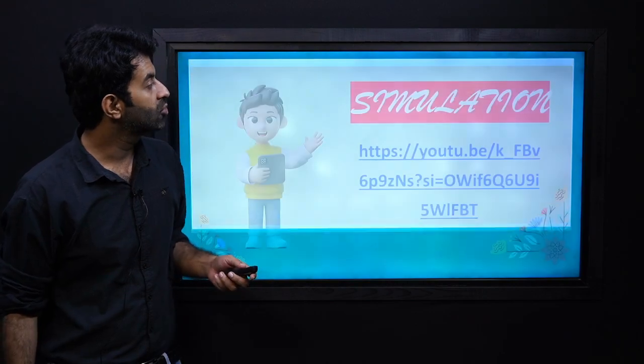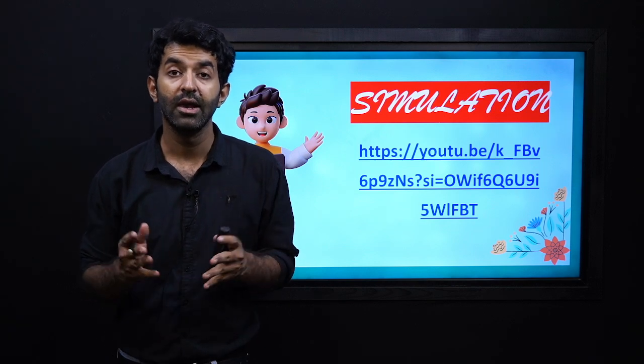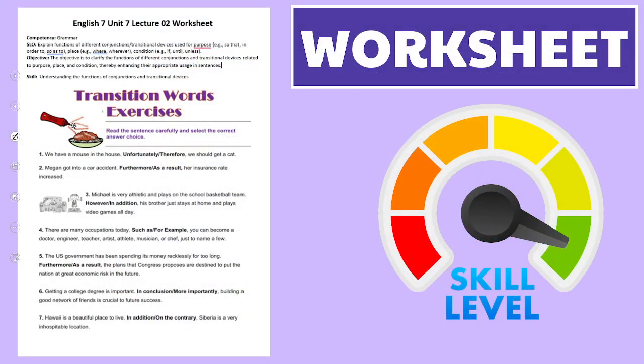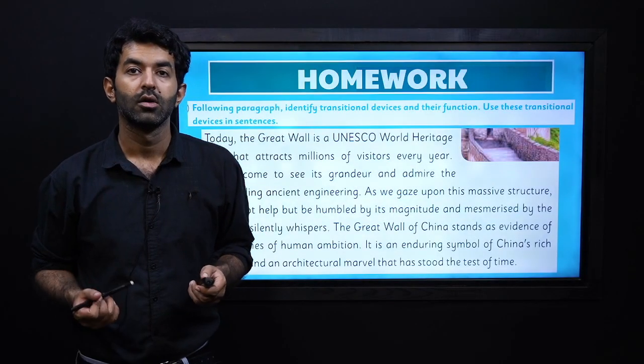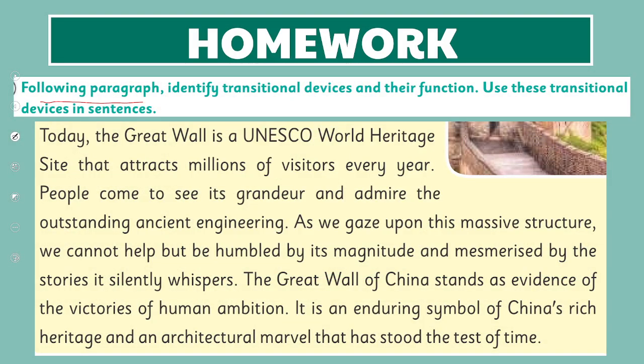And let's move on to the next slide, which is about your simulation link that you can watch later for extensive information. The worksheet is attached that is related to the main lesson. This is about the practice and exercise of transitional words. Now, for the homework, again, you have to read the following paragraph, identify transitional devices and their functions, and use these transitional devices in your sentences.